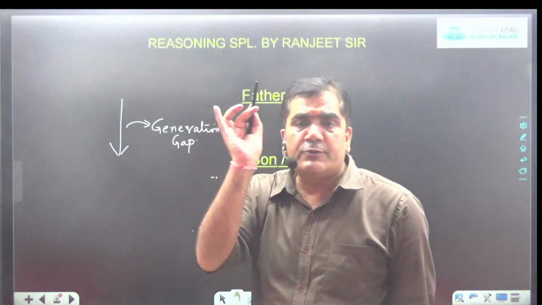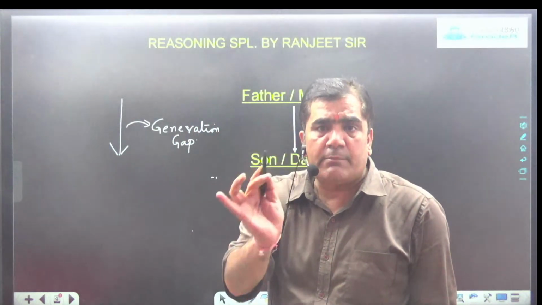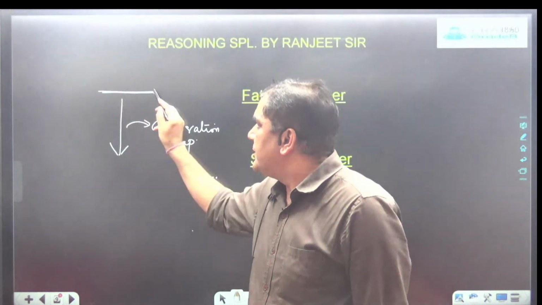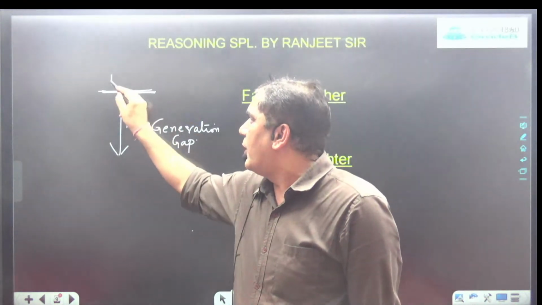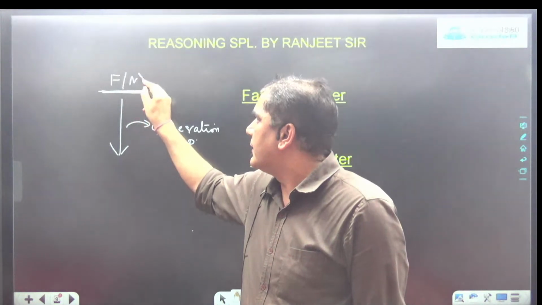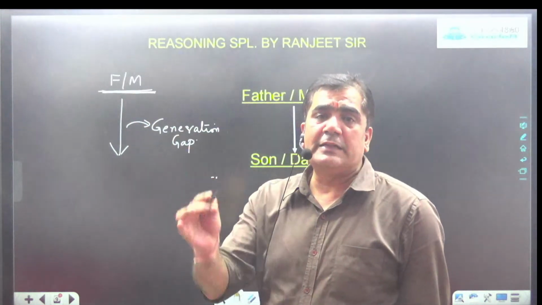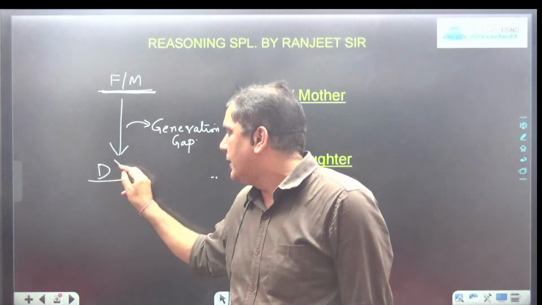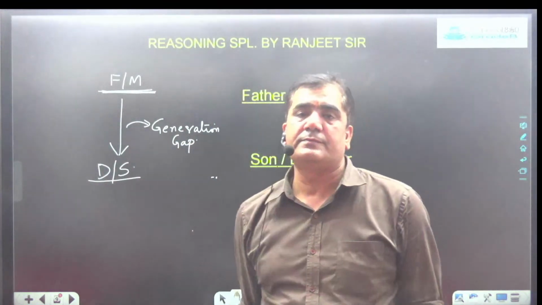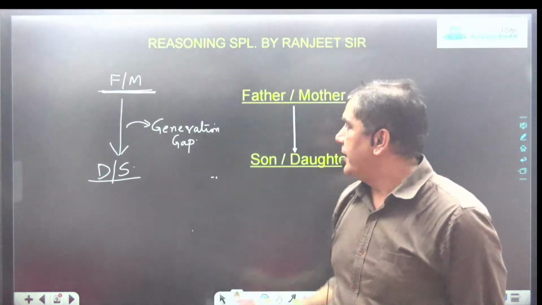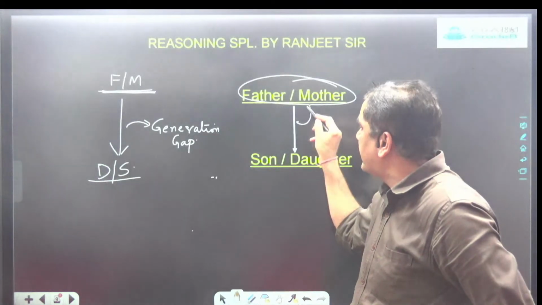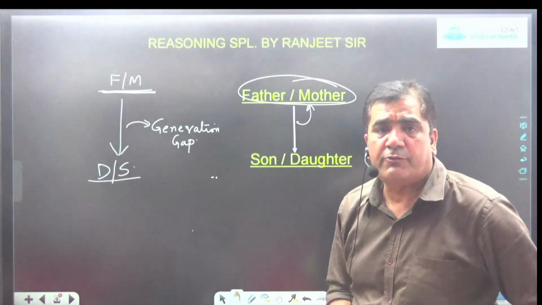Now always remember one thing. The place just above the arrow is only and only for father and mother. Nobody else can come at this place.